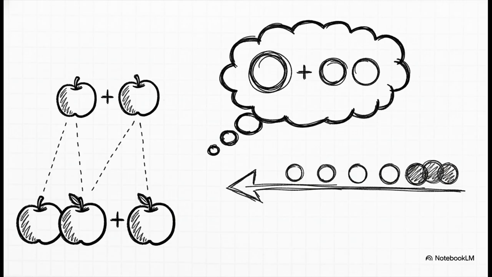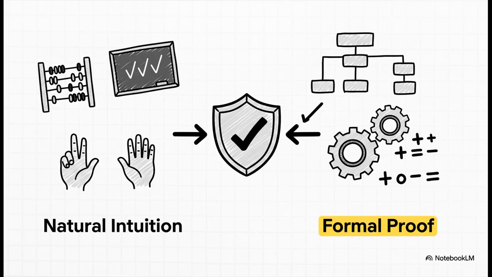Our brain is running a proof without us even knowing it. And really, that's the key here. This formal proof isn't some weird alien concept. It's just the super precise, crystal clear language that mathematicians came up with to describe the simple act of counting that we all do naturally. It shows that our intuition is built on something rock solid.